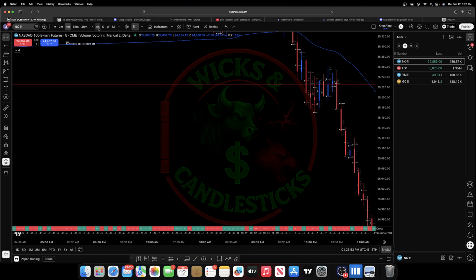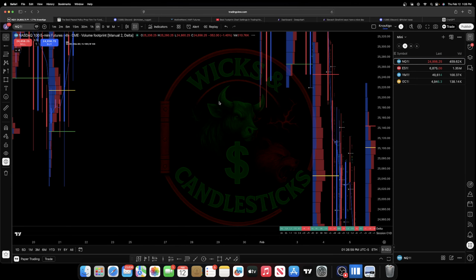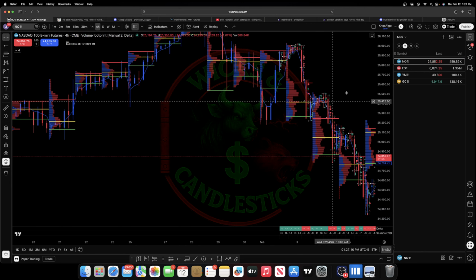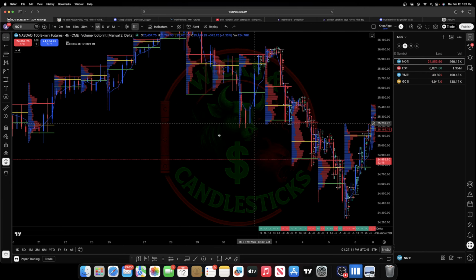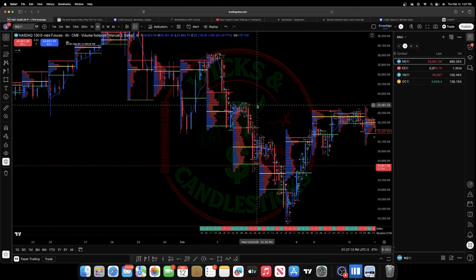As you guys already know, I trade auction market theory. That is what I trade, and that is what I've been trading with volume profile. Now I've added footprints to it. The reason I added footprints to my trading is because I was getting into trades way too early and getting stopped out.